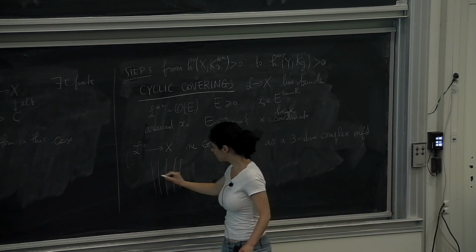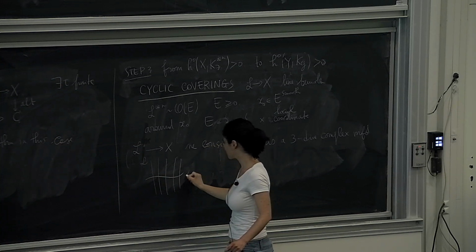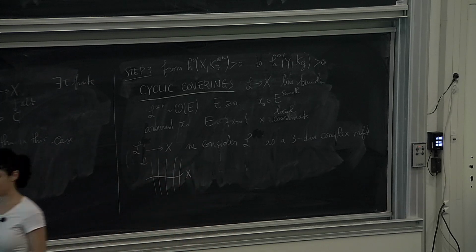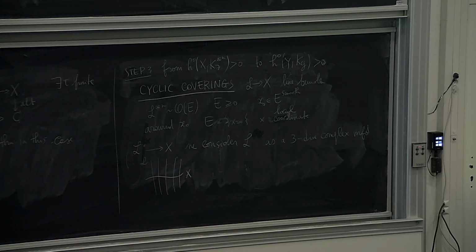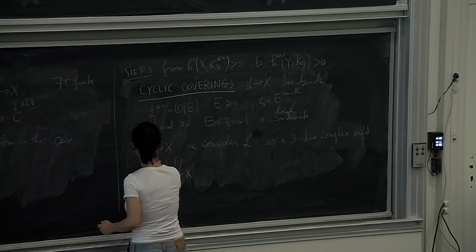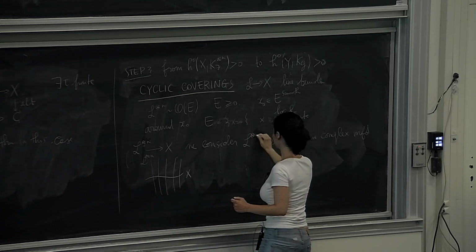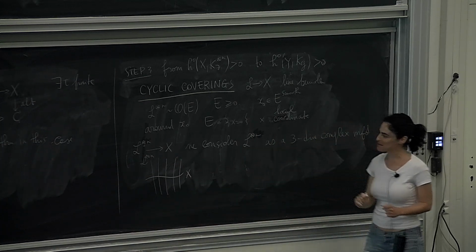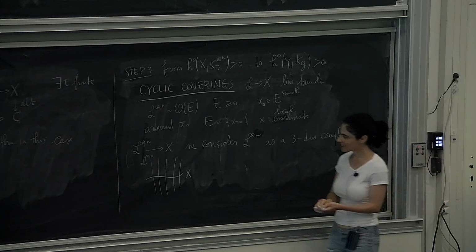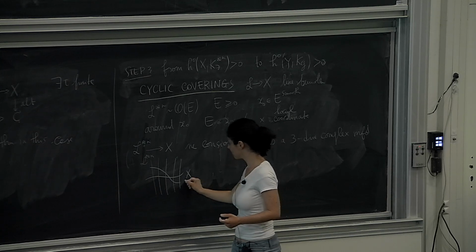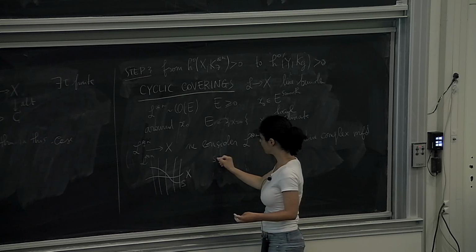So this is L. In here we have X as a zero section. No, you're right. Sorry. I'm getting confused. I want to consider L to the power n as a three-dimensional manifold. And here I have the global section given by E. S equal to 0 is E.